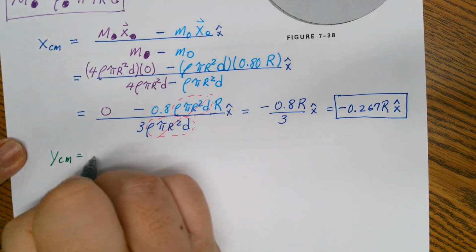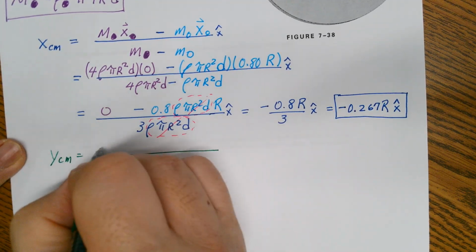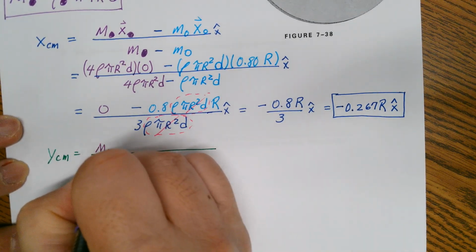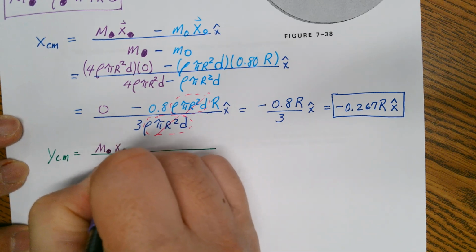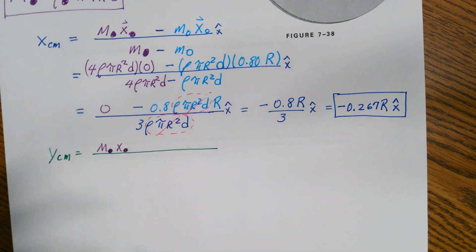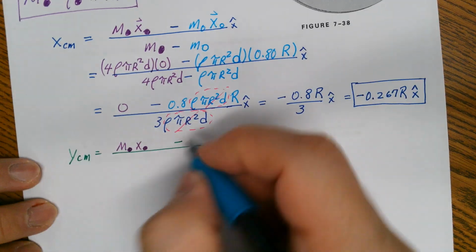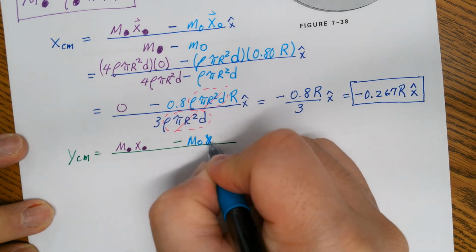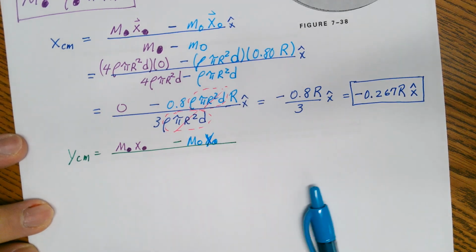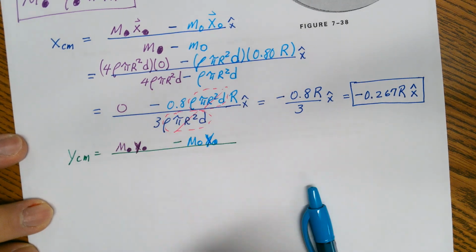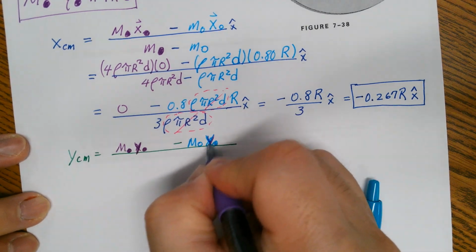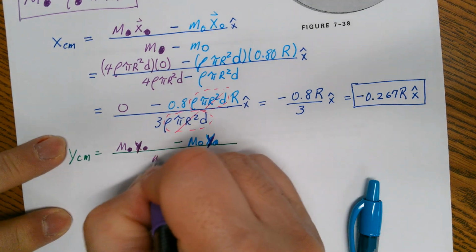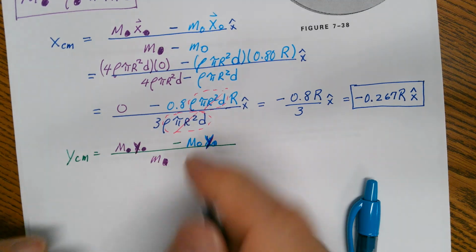Well, y sub cm is basically the same thing we did, but this time we have M solid times y solid, minus M whole times y whole, and then all of that over M solid minus M whole.